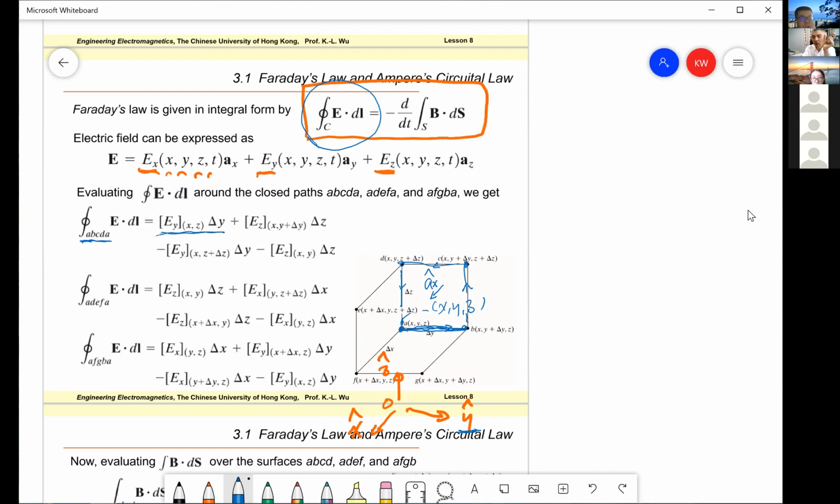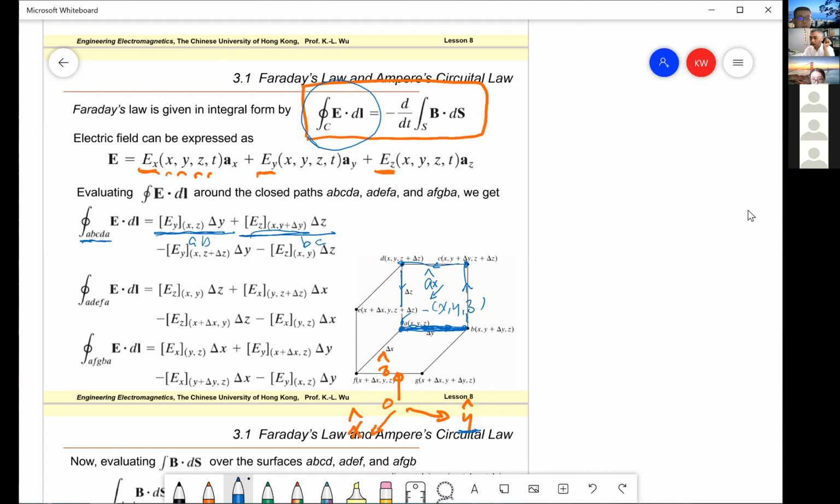The total line integration, this is the integration of this part, from A to B, the integration over AB, and this integration is B and C. Because this is all in the positive direction according to my coordinate, I use a positive sign in front.